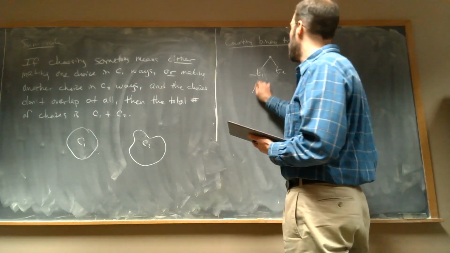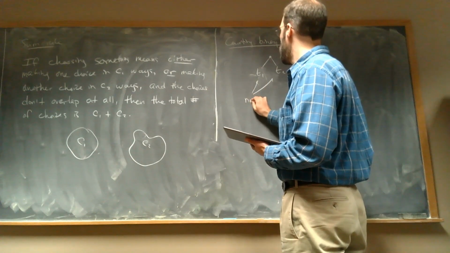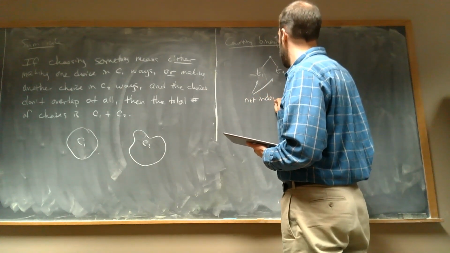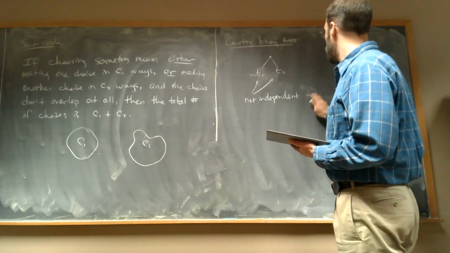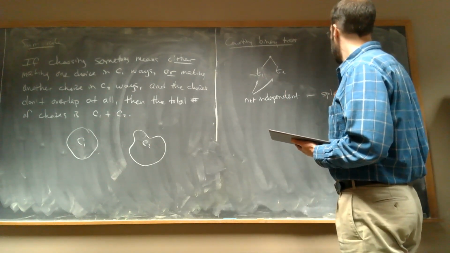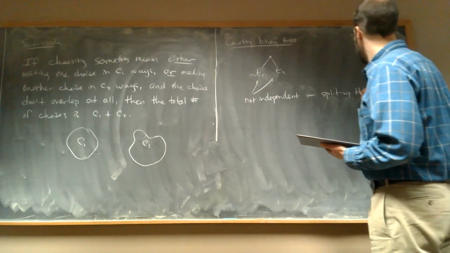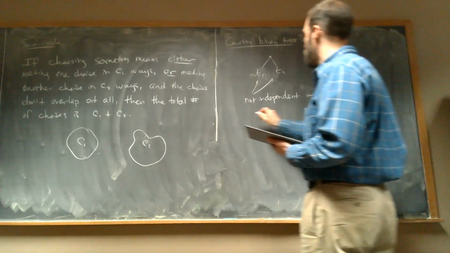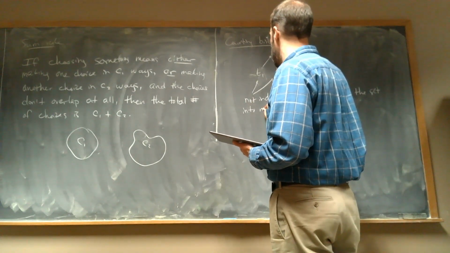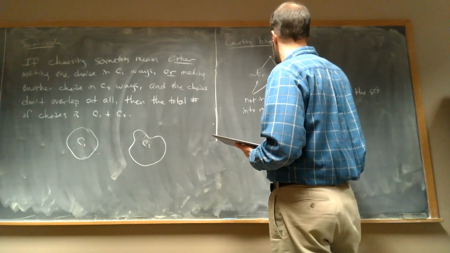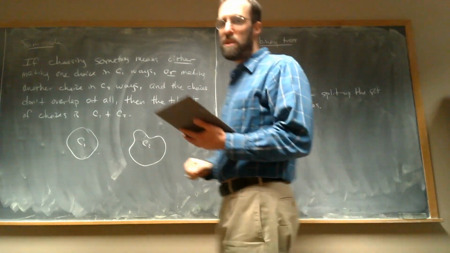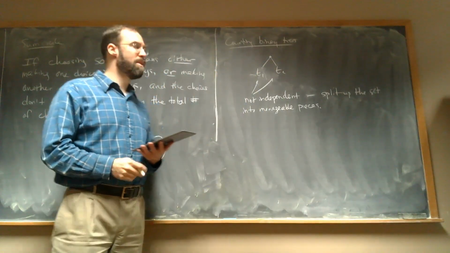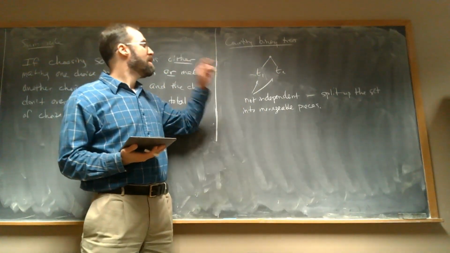So these choices are not independent, right? So we're going to split up the set into manageable pieces. All right, and in particular, the way that we decided to do that was we say, okay, well, let me just count.